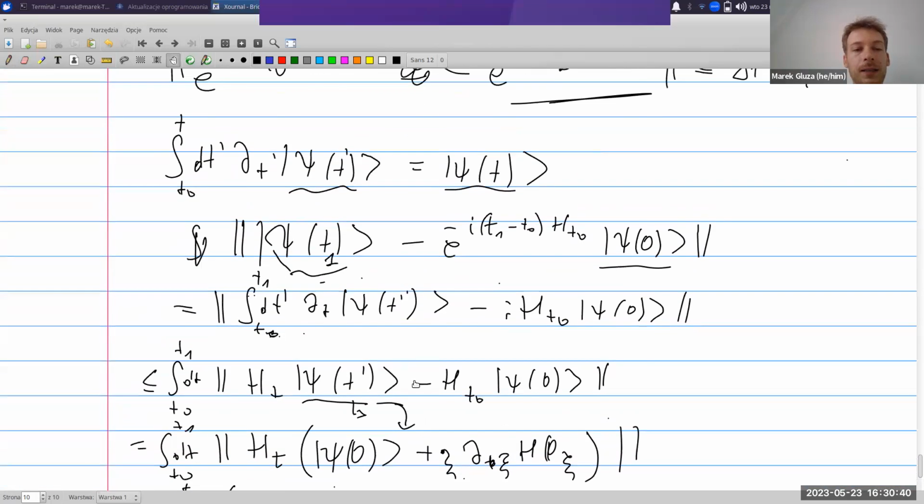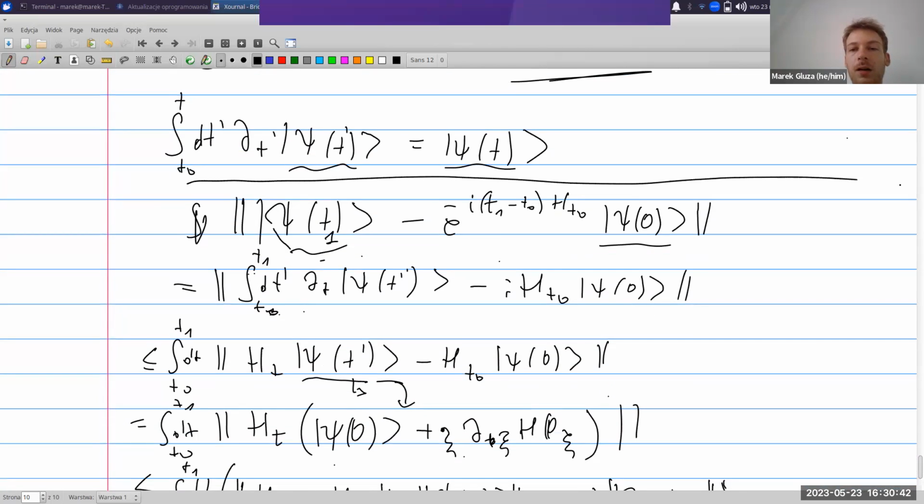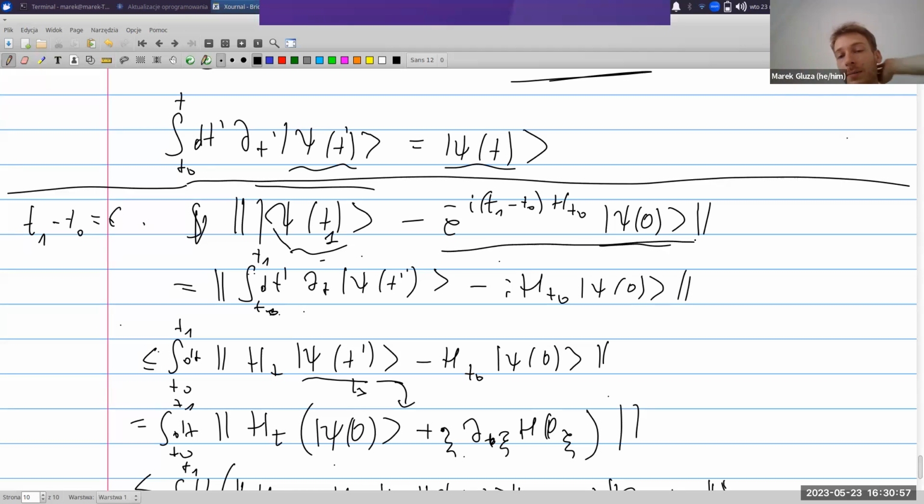We have the difference of a short duration evolution, so T1 minus T0 is some small epsilon. The difference of propagating with the time-dependent evolution, our Hamiltonian, and just taking whatever that Hamiltonian was in the beginning and evolving for that total duration.